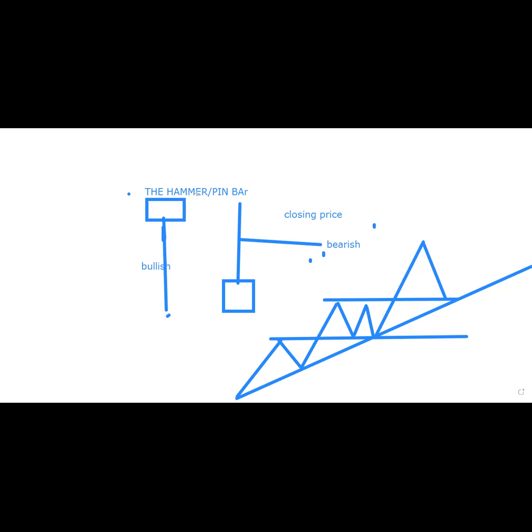I've seen something on Euro GBP, but let me check my chart. Okay, let me share my screen.